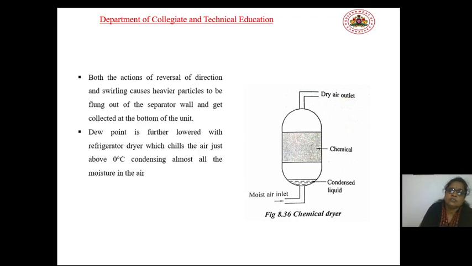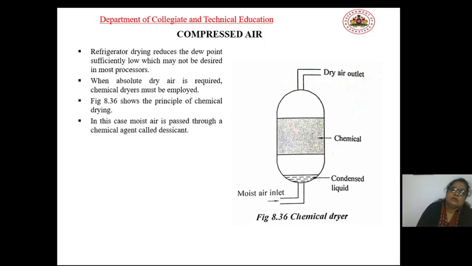It gets collected at the bottom of the unit. Dew point is further lowered with the refrigerator dryer, which chills the air to just above 0 degree centigrade, condensing almost all the moisture in the air. Another stage here is refrigerating.